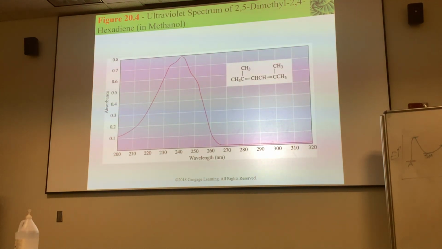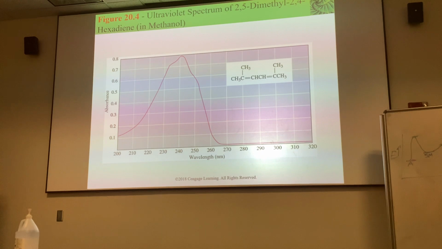So this is a nice little UV-Vis spectrum for 2,5-dimethyl-2,4-hexadiene. We have the every-other pattern of double bonds, so this is conjugated. So we've got some absorbance right there. Basically, it's not super useful yet, but it looks like this.